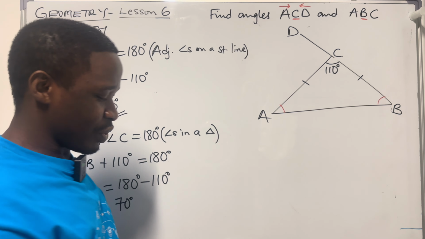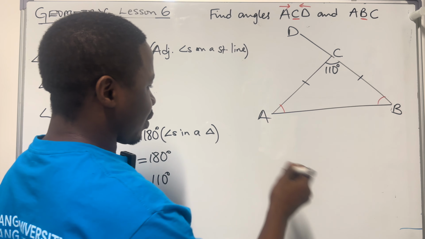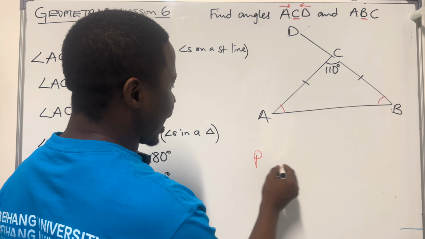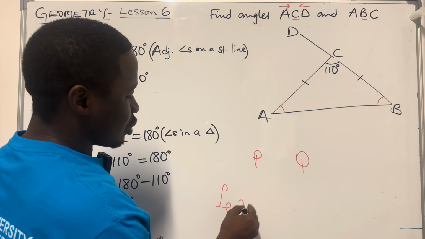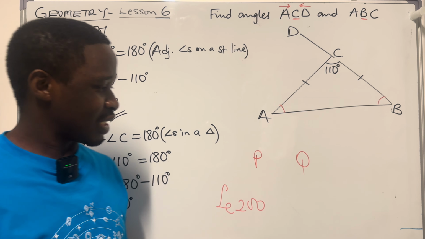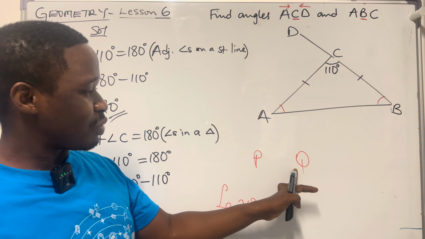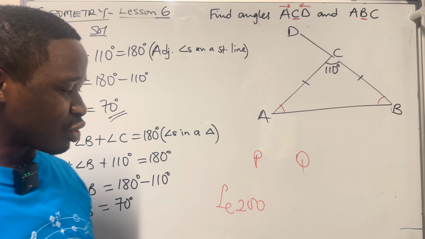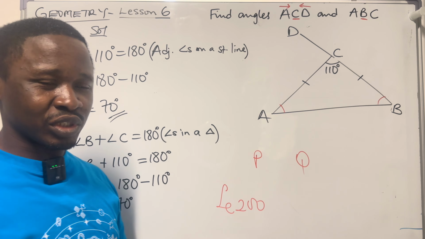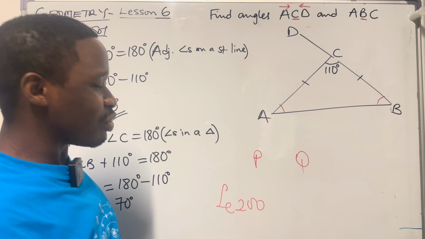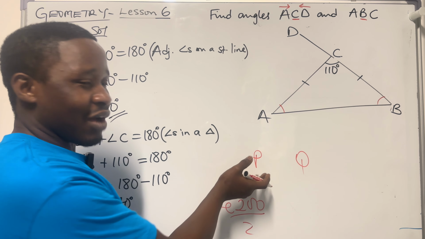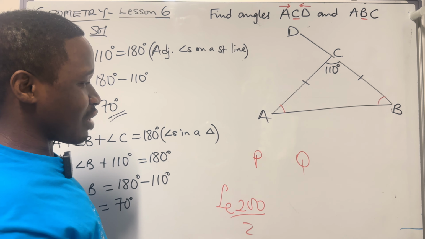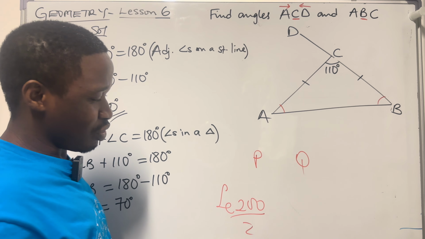Just like there are two students, student P and student Q. The two of them are given 200 leons, and they must share it equally. So we divide by 2, and each has 100 leons.